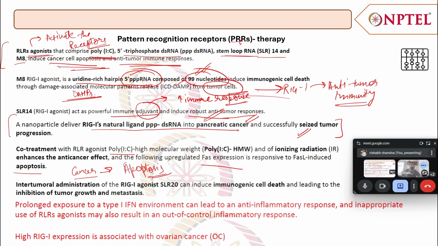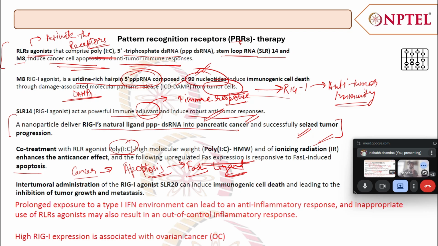Another type of apoptosis is the Fas ligand apoptosis. There are multiple pathways through which apoptosis takes place, and we can target different pathways in different types of cancers. So whenever we give the co-treatment of high molecular weight poly-IC, that is also an agonist of RLR, along with ionizing radiation, that actually upregulated the Fas expression and induced the Fas ligand apoptosis.